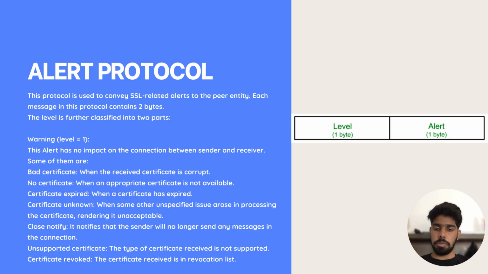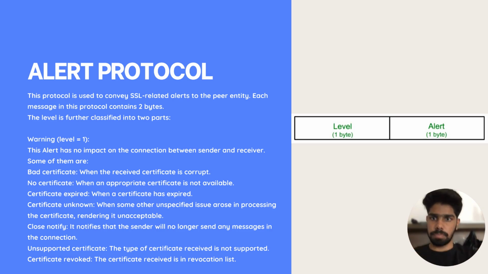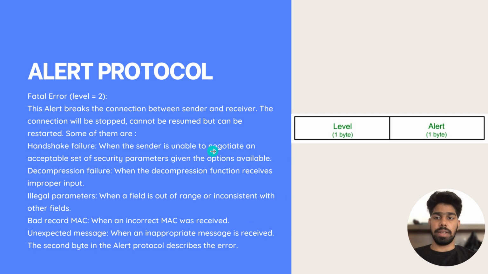Unsupported certificate means this type of certificate received is not supported. Certificate revoked means it is in the revocation list. So these are some of the alerts where the connection is possible, but due to certificate processing and other certificate-related reasons, this is the level of alerts used. And next is the fatal error level 2.